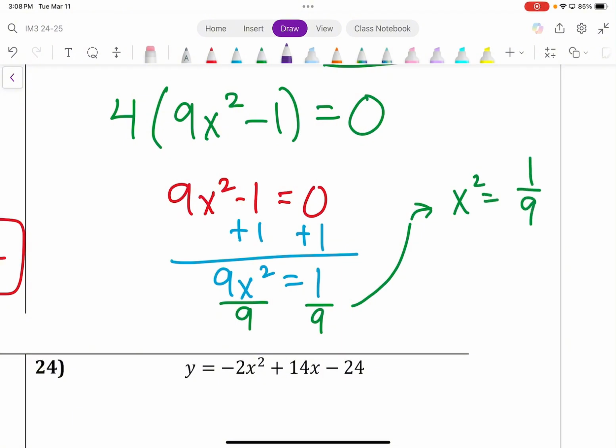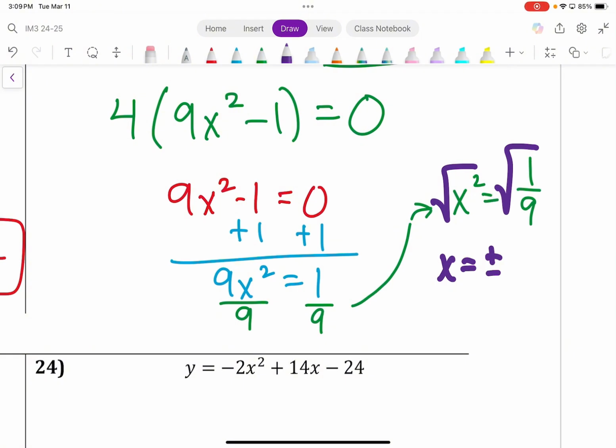The next move is going to be what? To get x alone, I would need to square root both sides. What is the square root of 1 over 9? Why don't we do the following? What is the square root of 1?